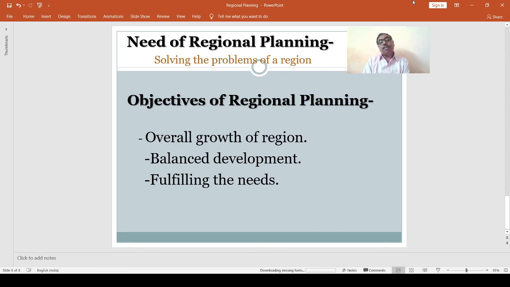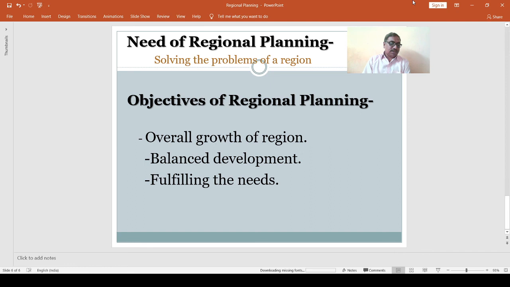When we discuss about the mountainous area, when we discuss about any deserted areas, it means that the areas are characterized by different geographical features where the planning is necessary for the development.